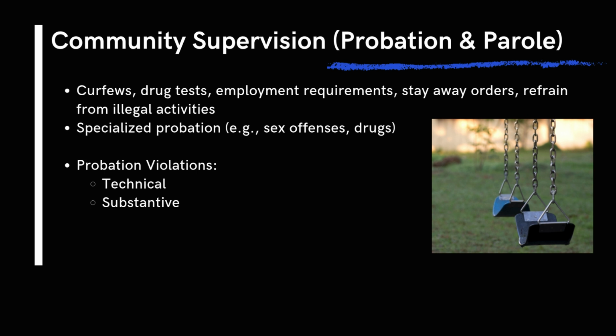And often, there are very strict requirements imposed, such as curfew, travel restrictions, maybe in order to stay away from a victim if there was a victim in the crime, a requirement to look for and hold a job, to refrain from illegal substances, and otherwise live a lawful life. And those are just general requirements for regular old probation or parole.